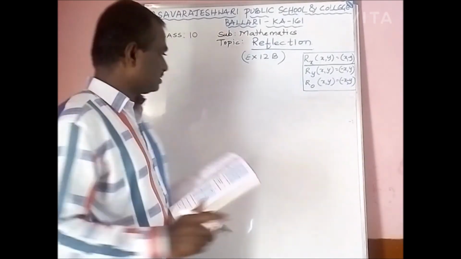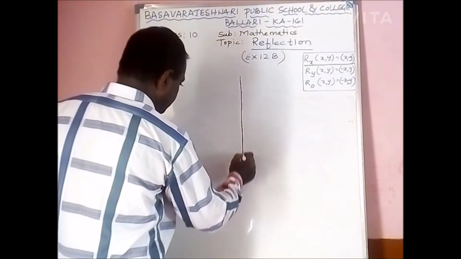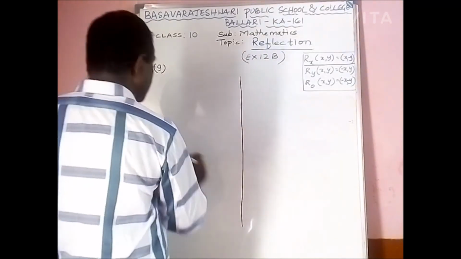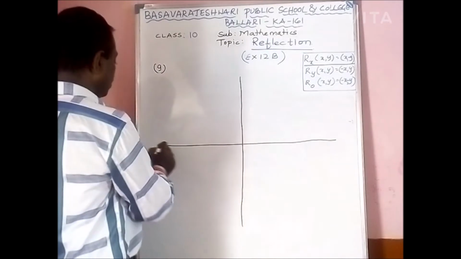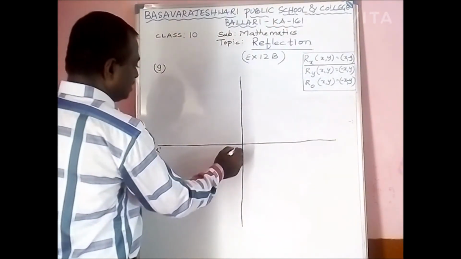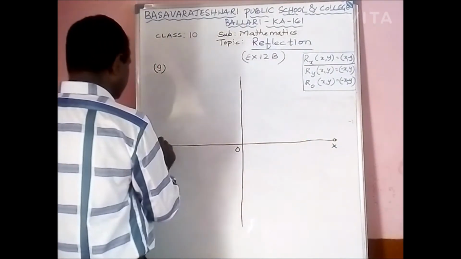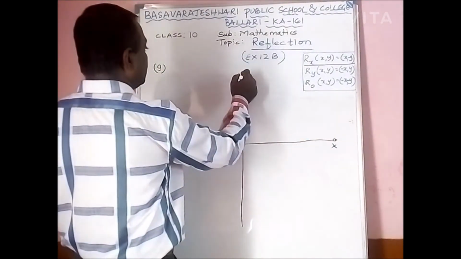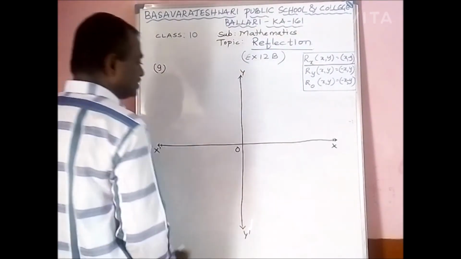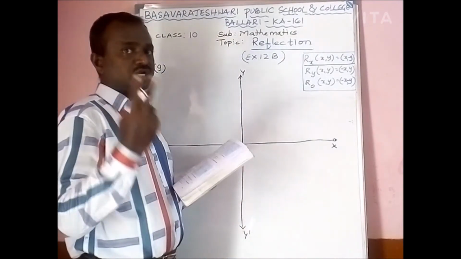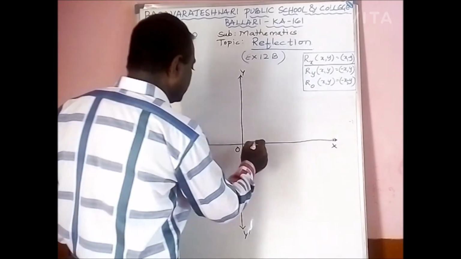Plot the following points. Okay, take the graph sheet. Mention the coordinate axes x dash, o, x, y, o, y dash. So in your graph sheet you have to take 2 centimeter is equal to 1 unit. Correct? 2 centimeter is equal to 1 unit.